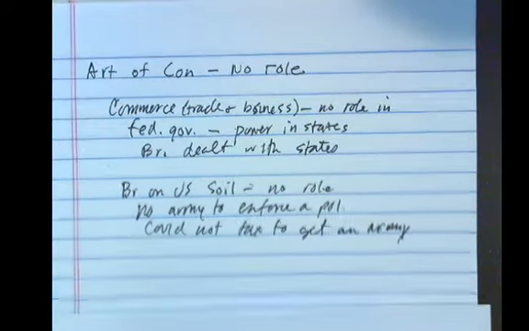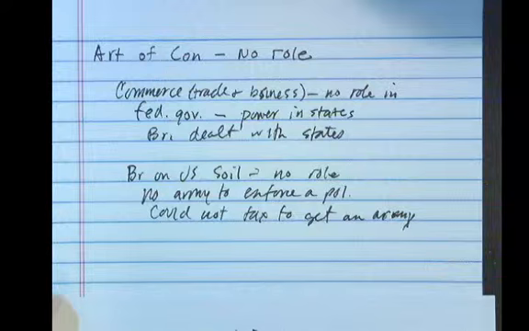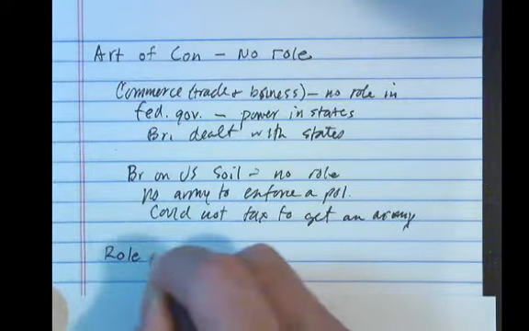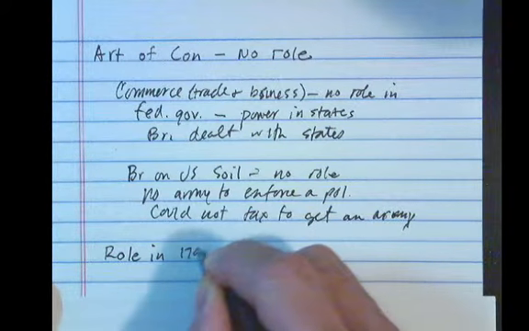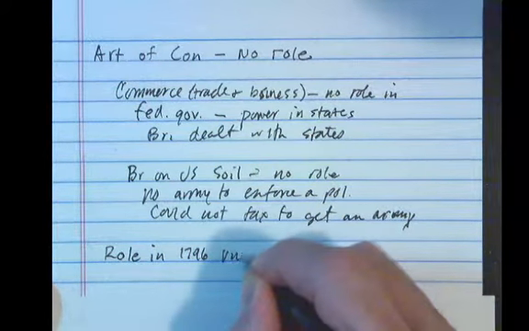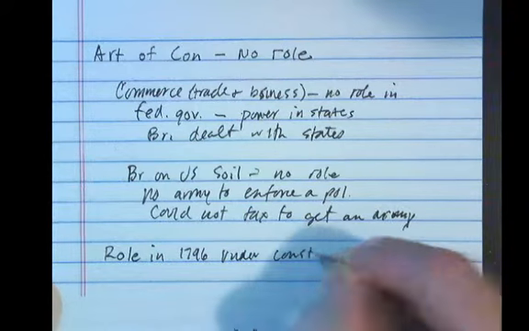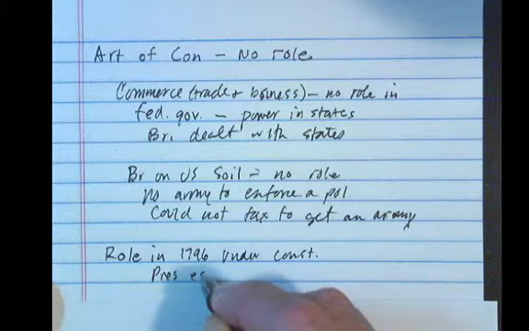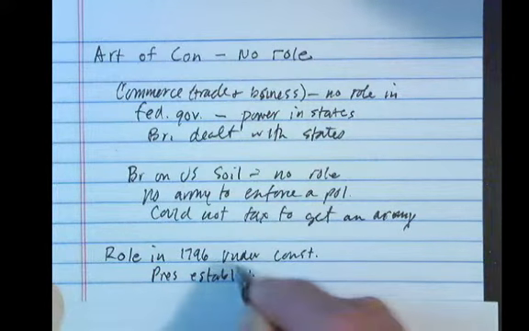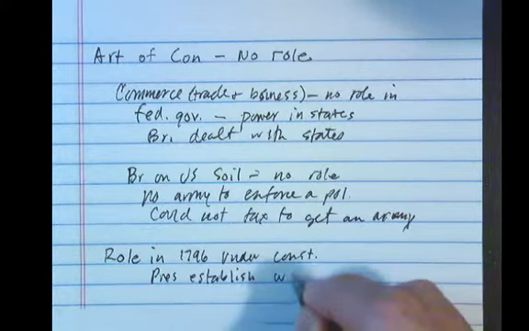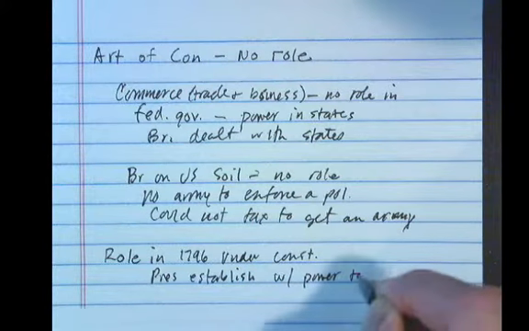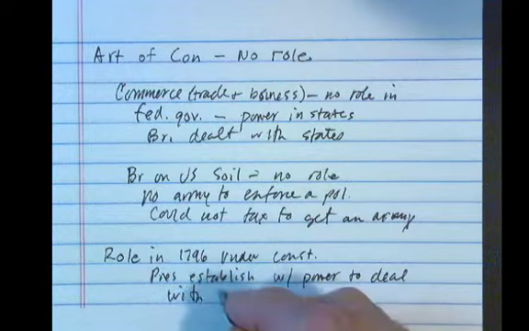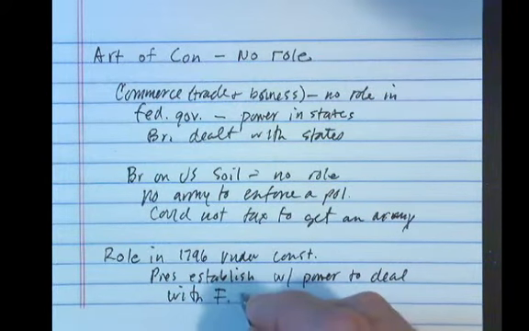So we'll add that on to my outline here. The role in 1796 under the Constitution that the President established, with power to deal with foreign nations.